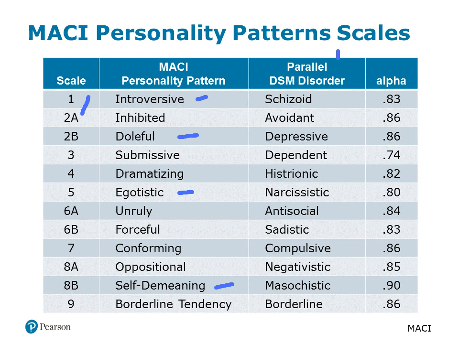And again, you'll notice the parallel DSM disorder, or the ones that we'll recognize if we're familiar with the adult version, or if we work with the Diagnostic and Statistical Manual. Inhibited, the parallel DSM disorder, avoidant; submissive, parallel DSM disorder, dependent; egotistic, narcissistic, and so on.